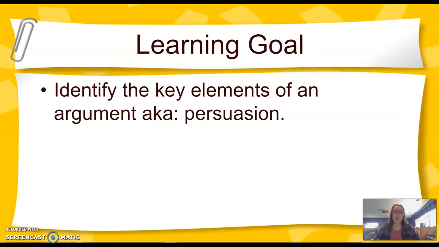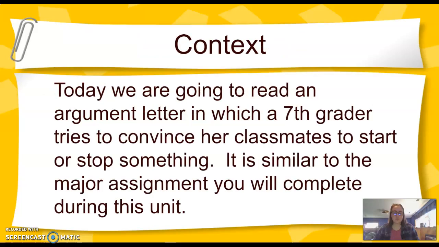So essentially, the learning goal for this week and going forward into the rest of the weeks of May is to identify the key elements of an argument, which is persuasion. So like I said, we're going to be reading an argument letter in which a 7th grader tries to convince her classmates to start or stop something. And I purposely don't tell you what it is that she's trying to get them to start or stop because that's what you have to figure out on your own, right?